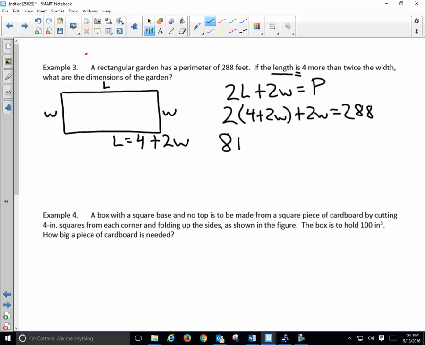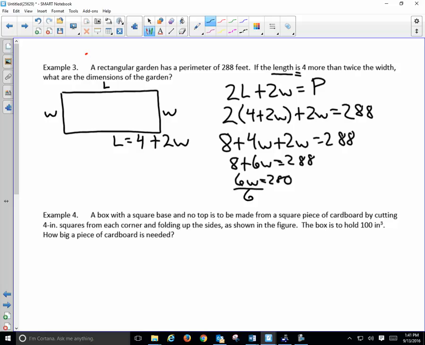8 plus 4W plus 2W is 288. Or 8 plus 6W is 288. Or 6W is 280. And W is then 46 and 2/3. Have I answered the question?